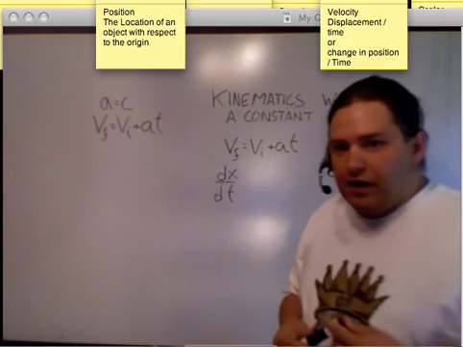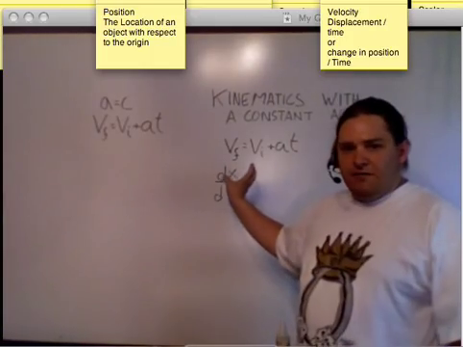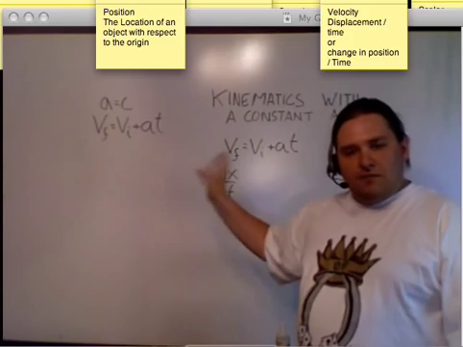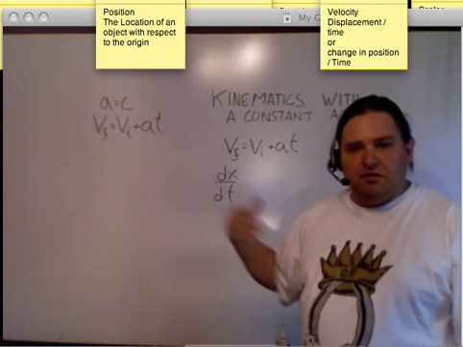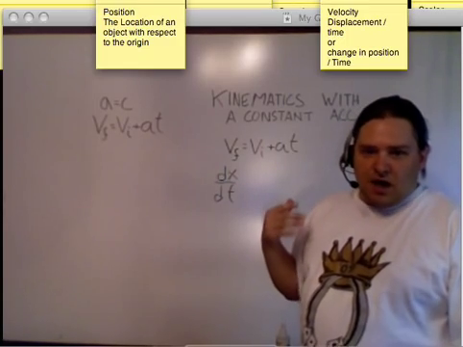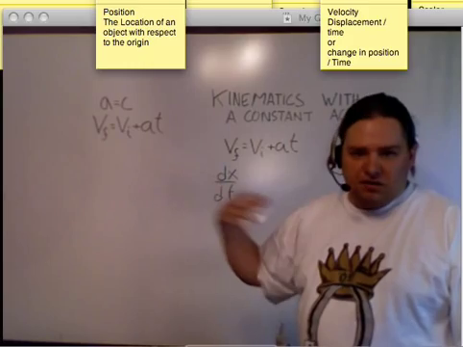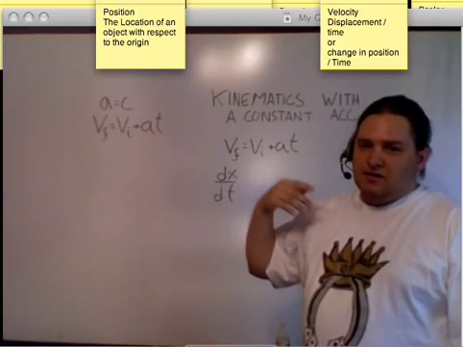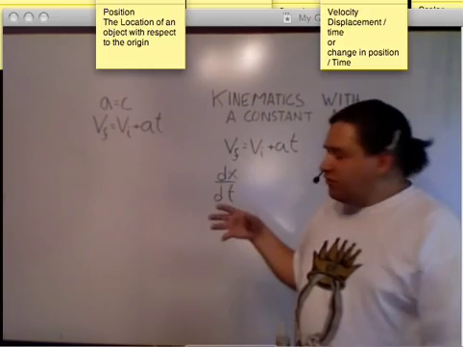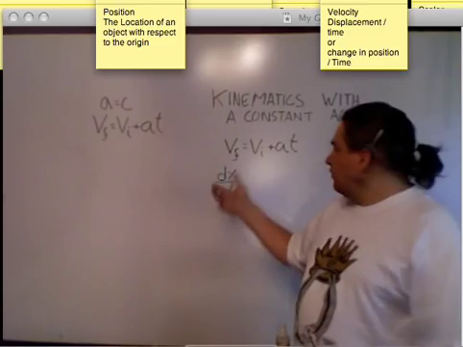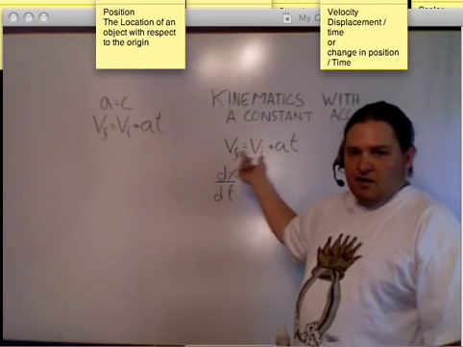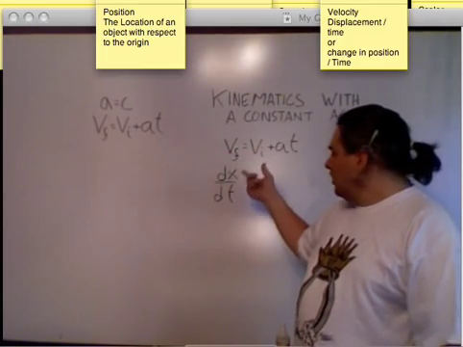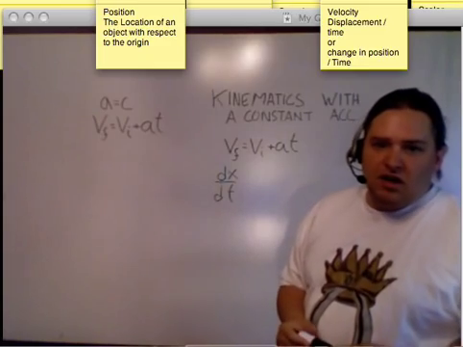Here's the cool thing. If I'm talking about velocity, I'm talking about change in displacement over time. I'm talking about position in time. I'm talking about a direction. So every time I come up with this equation, whether I'm talking about velocities, accelerations, or positions, I'm talking about vectors.